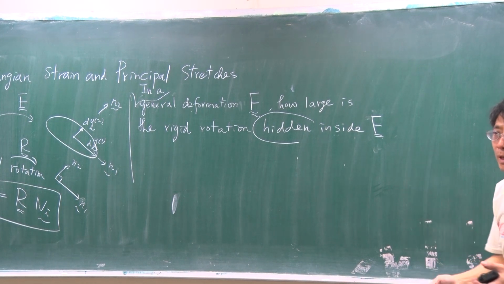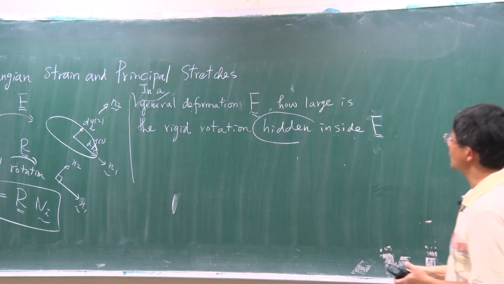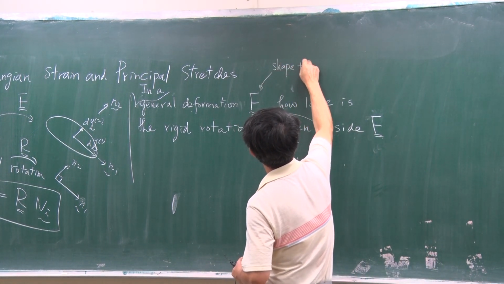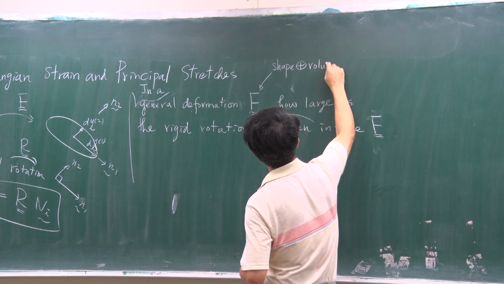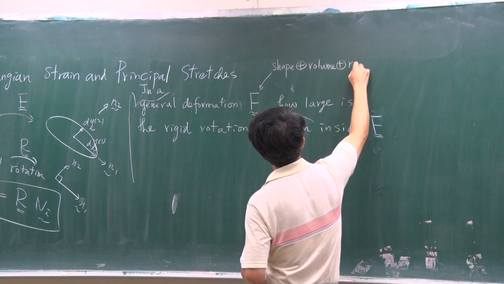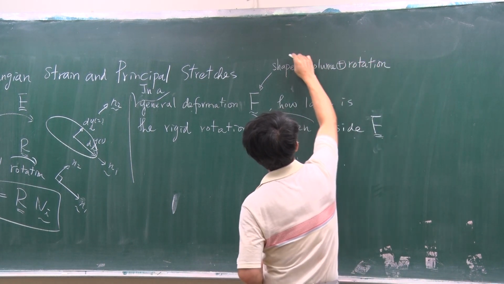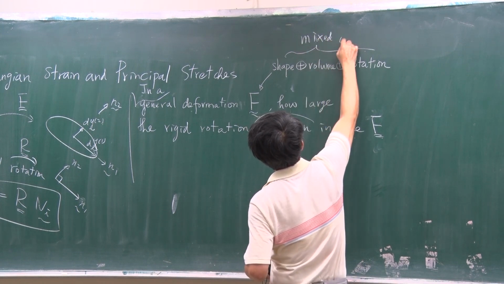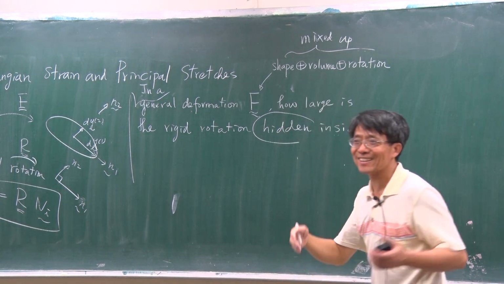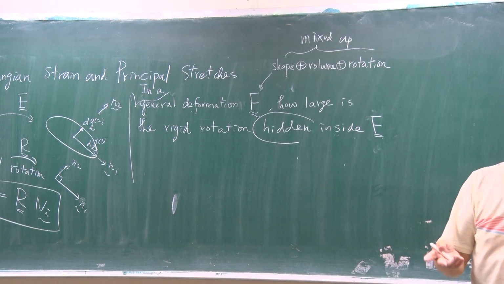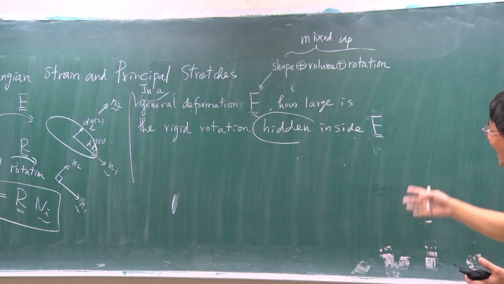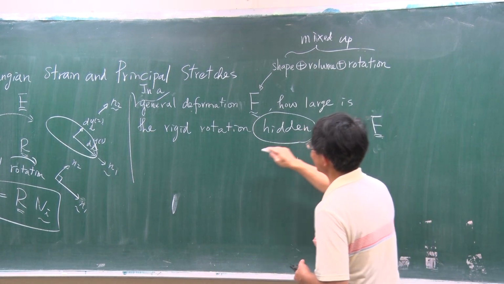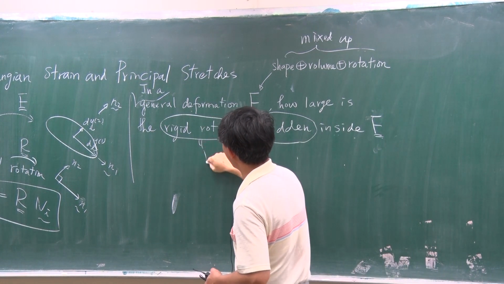In a deformation process, we have shape change, volume change, and also rotation. All these mixed together, and then we don't know which part is which. But now, after the calculation, we know that the rigid rotation is just the matrix R.